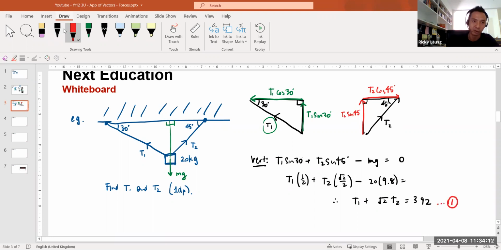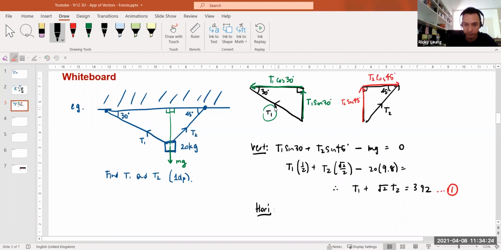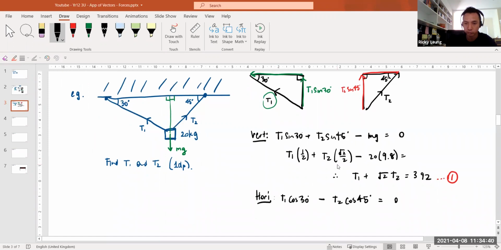Now, when I resolve the forces horizontally, I should get my other equation to solve simultaneously. Horizontally, I've got this green force of T1 cos 30. Let's call the left positive, and then minus my T2 cos 45. That gives me 0, because they're the only two forces at play. There's no gravity acting horizontally.